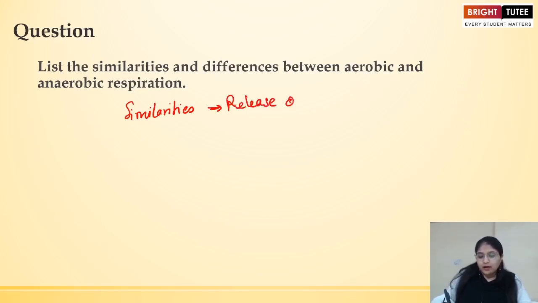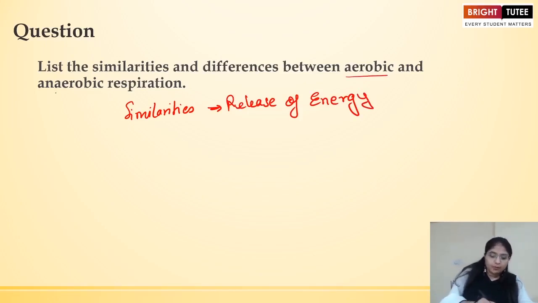Both of these are life processes which help us in getting energy. When we talk about aerobic respiration, or anaerobic, the main purpose of both these respirations is the release of energy.